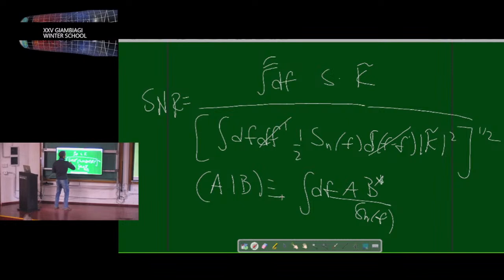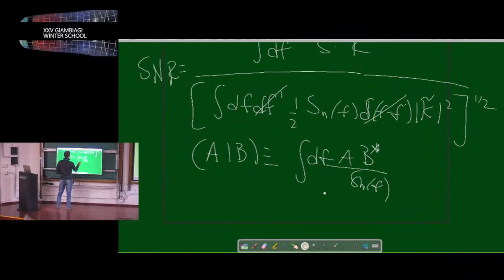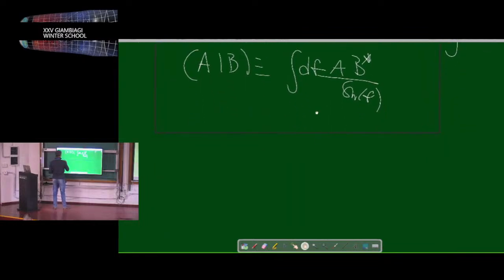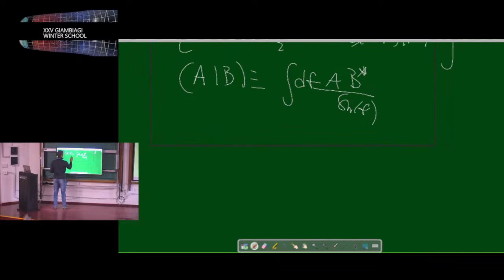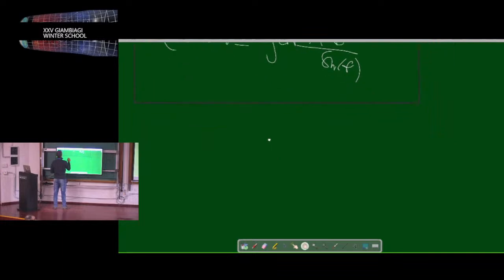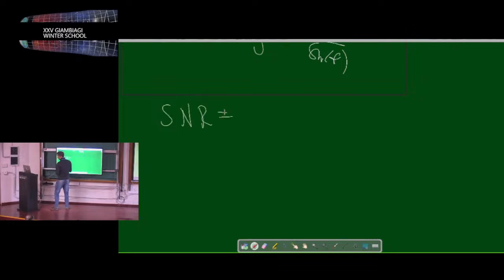So if we manage to write this as a scalar product, we are fine. And indeed, it is possible to write the SNR as a scalar product. The SNR I wrote before just happens to be equal to the scalar product of my signal with the unknown function that I have to find, divided by the norm of this unknown function.